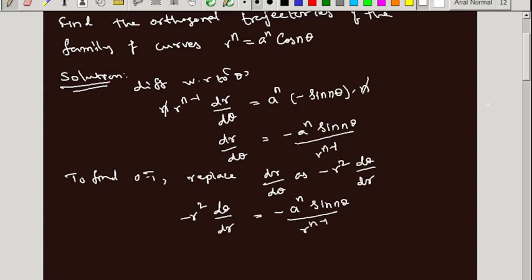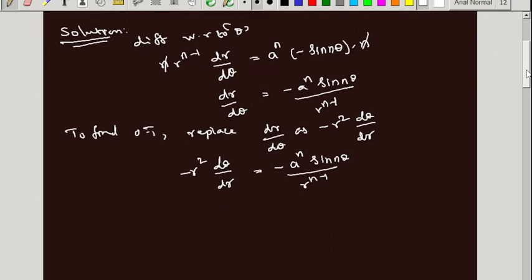So here minus minus gets cancelled. Here d theta dividing by dr equal to, otherwise we can modify. Here we keep theta on the left hand side and this one on the right hand side. Dividing by sin n theta, bring it to the left hand side.